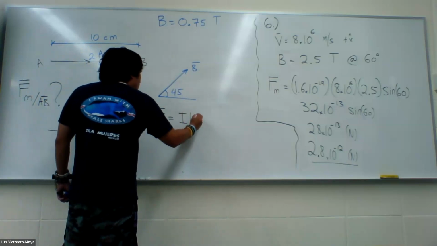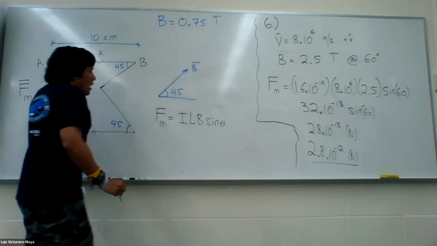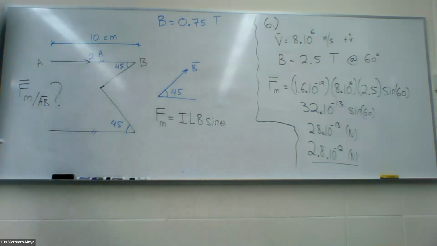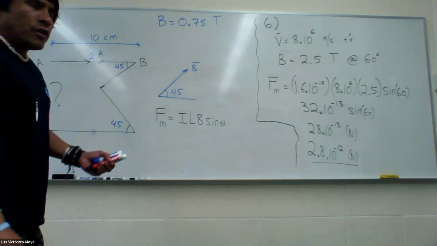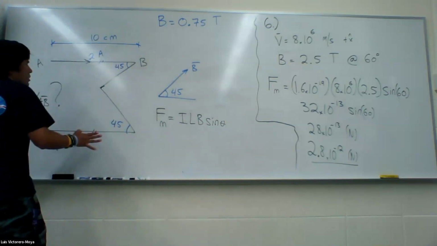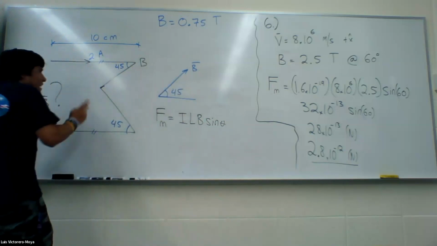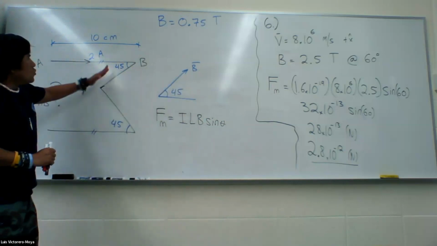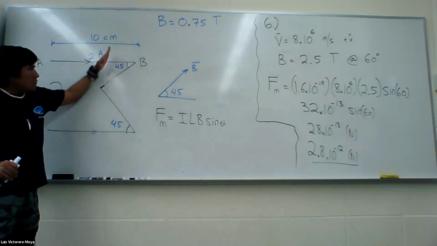Okay, because you have a current, you have to use the magnitude of the magnetic force, I, L, B, sine of theta. What about the direction? The direction comes from right-hand rule. So let's do the direction first. B is in all this region, making an angle of 45 degrees with the horizontal. That makes it easy to find the angle between the magnetic field and the segments here.